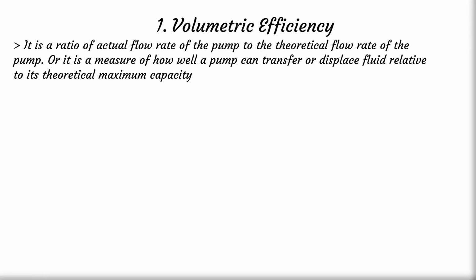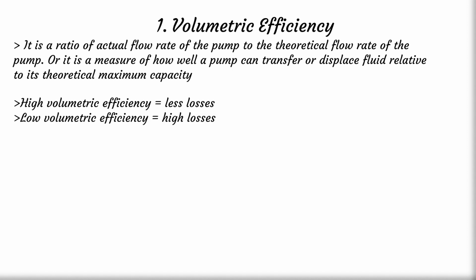Now going with volumetric efficiency. It is a ratio of actual flow rate of a pump to the theoretical flow rate of the pump, or a measure of how well a pump can transfer or displace fluid relative to its theoretical maximum capacity. From this volumetric efficiency, we can see how efficiently a hydraulic pump is functioning in real-world conditions.